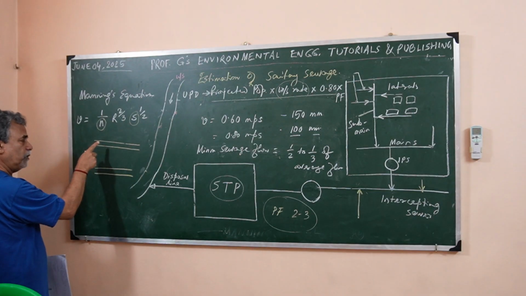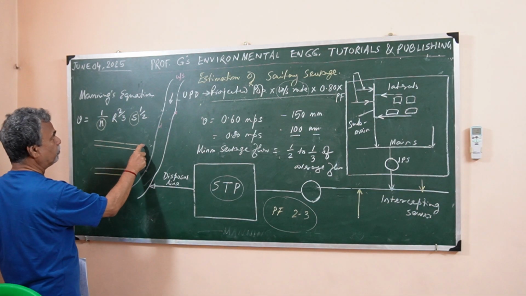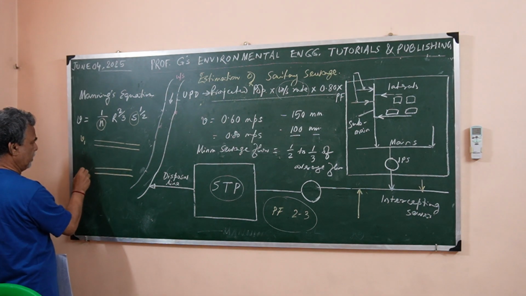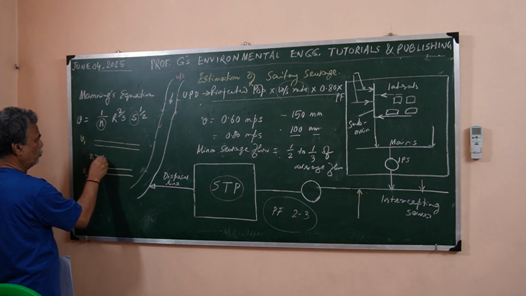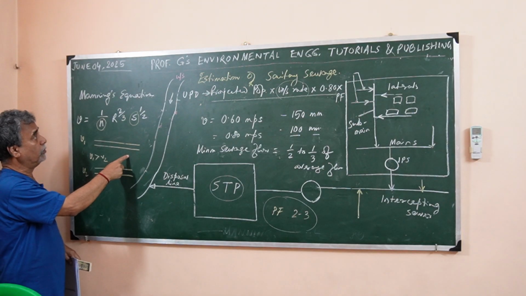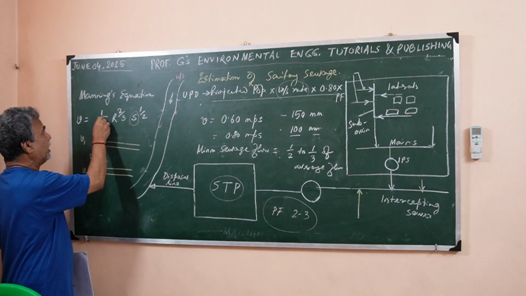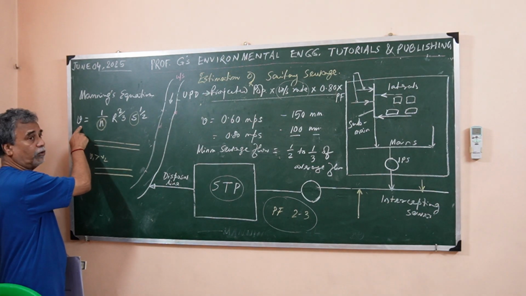So the velocity resulting from such a steeper slope would be more. This say V1 and this is V2, so V1 will be greater than V2 because of the steeper slope. Okay, this is one way you can do it, and N, as you have seen, if it is more, then velocity will be less.